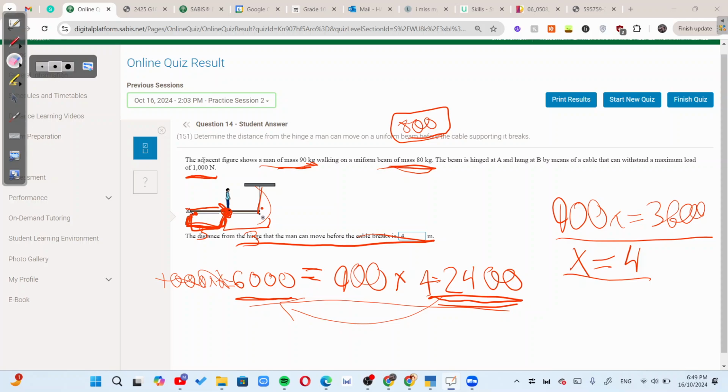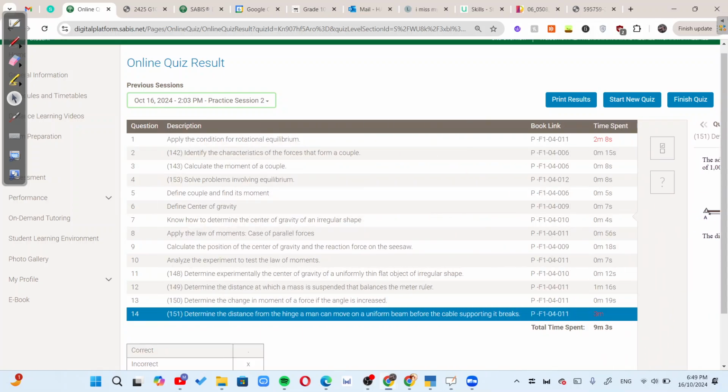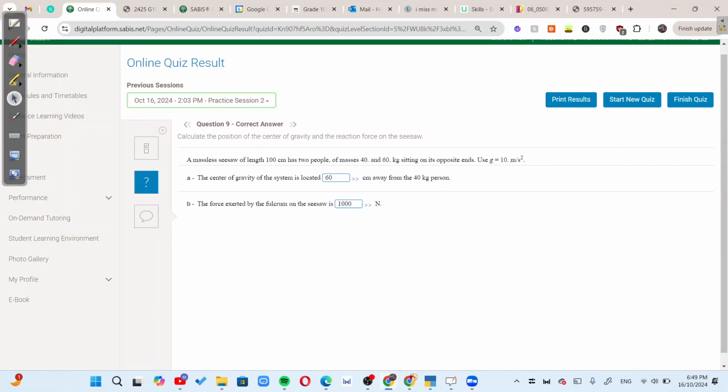Really quickly, I'm going to go back to question 9 because I feel like I mixed you guys up in it. So again, the rule is weight 1 over weight 2 equals G2 over G1.